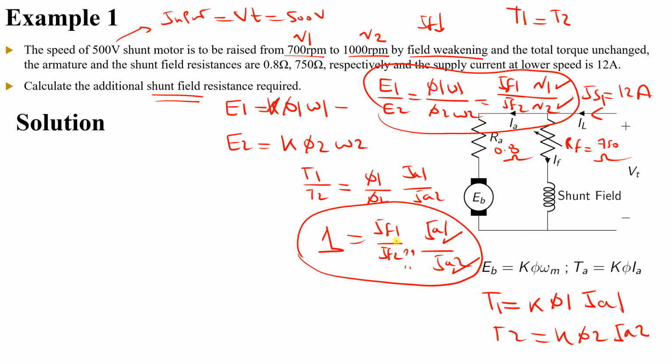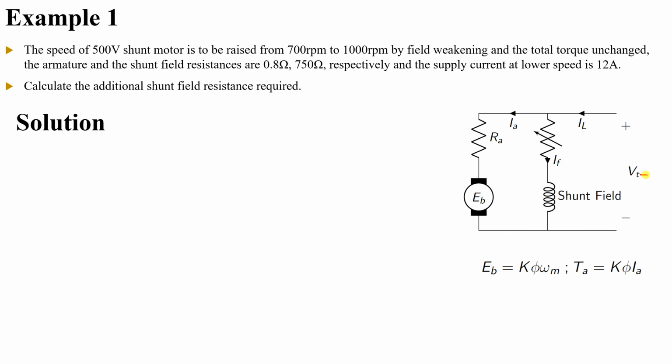Okay, so let's go step by step. V terminal here is 500 volt. Can I get I field 1? Well, I field 1 is very easy, equal to the V terminal 500 divided by the shunt resistance, which is 750. What about I armature?